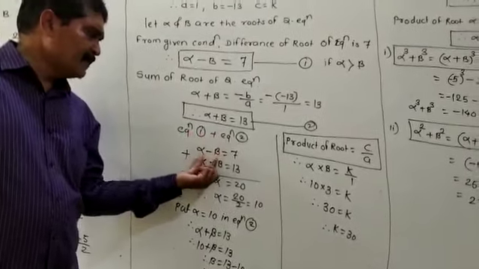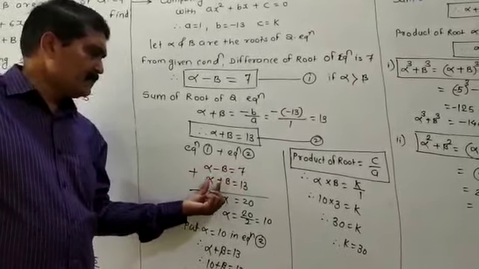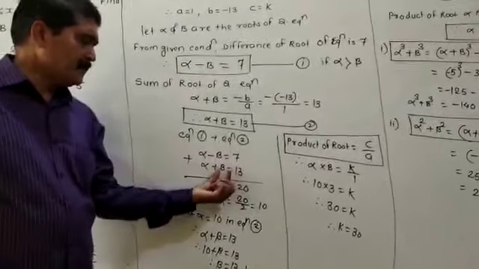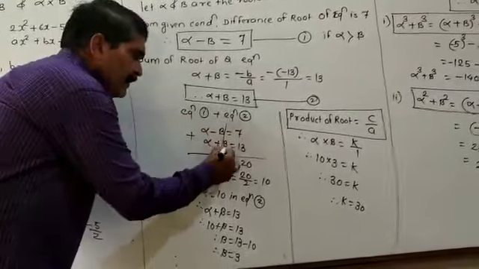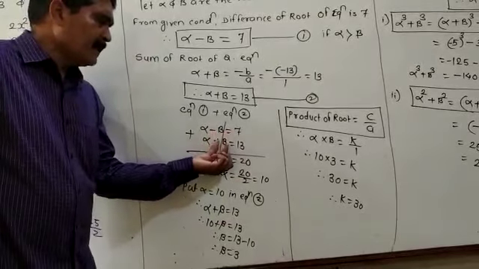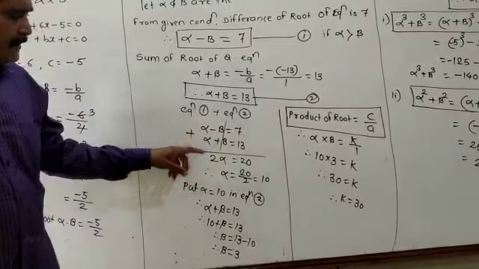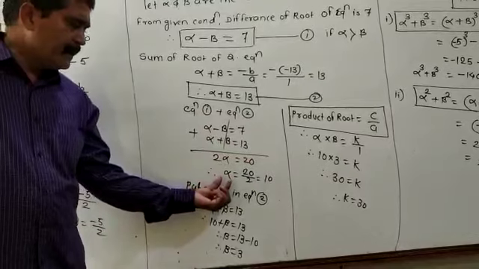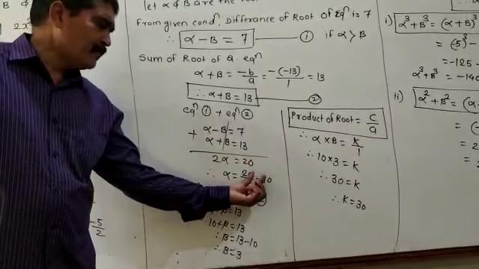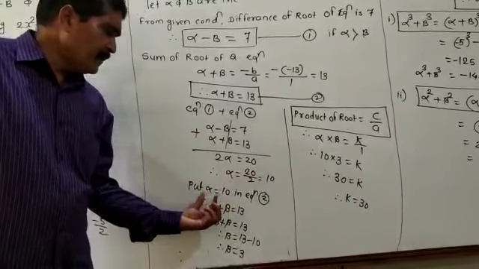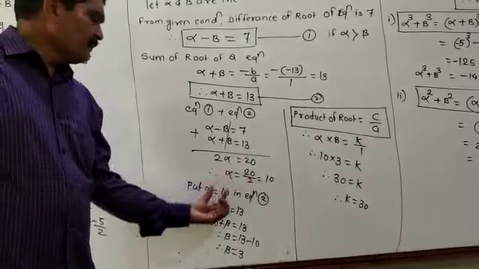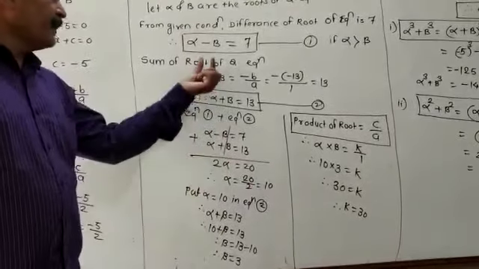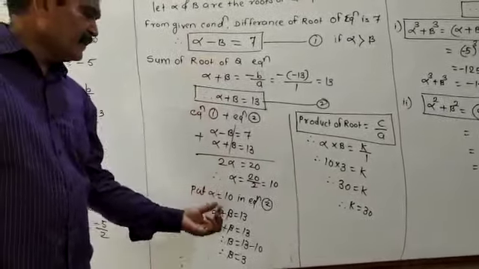Alpha minus beta is equal to 7. Alpha plus beta is equal to 13. Minus beta and plus beta cancel. Alpha plus alpha is equal to 2 alpha, equal to 20. Alpha is equal to 20 upon 2. Alpha is equal to 10 will come. If you put alpha equal to 10 in equation 1 or 2, you will get beta.